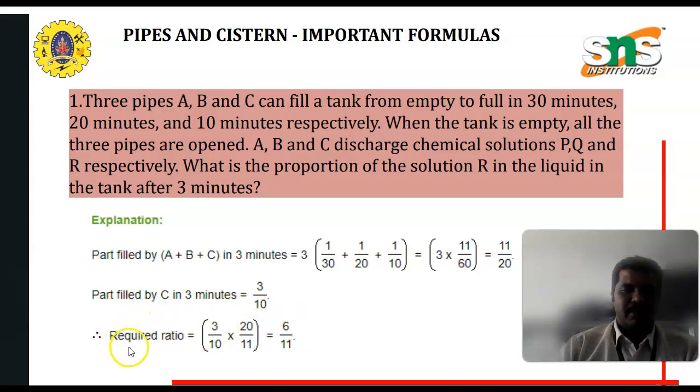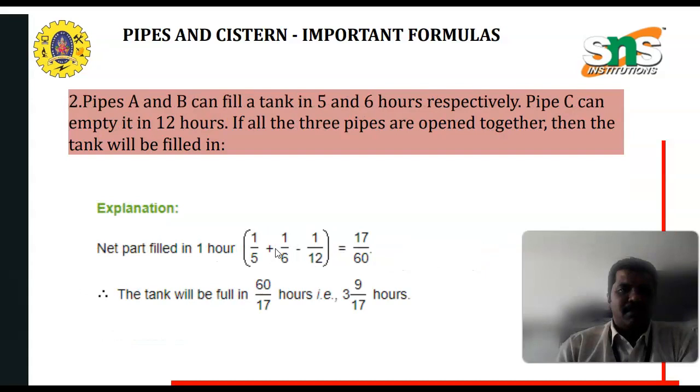That is the required ratio. Therefore 3 by 10 into 20 by 11, which is 6 by 11. So that is the required ratio. That is the first problem solution.